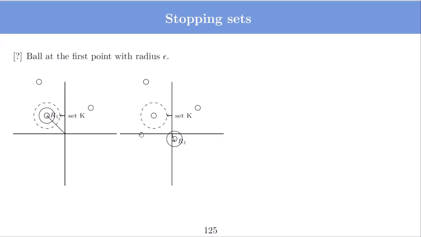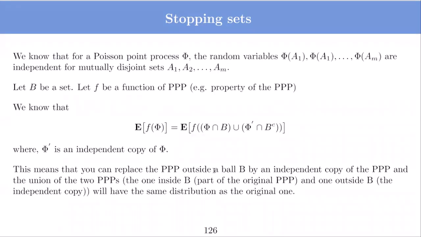If there is any point inside this, it means this is not the closest point. So we need information about the points which are outside. So this will not be a stopping set. Once we know some set is a stopping set, then we can state the independence property.